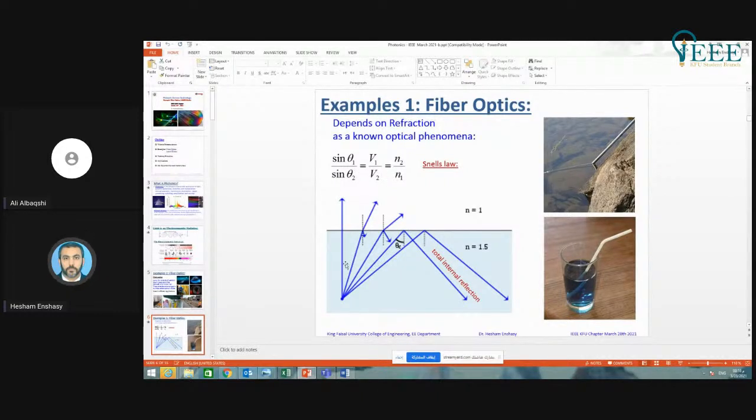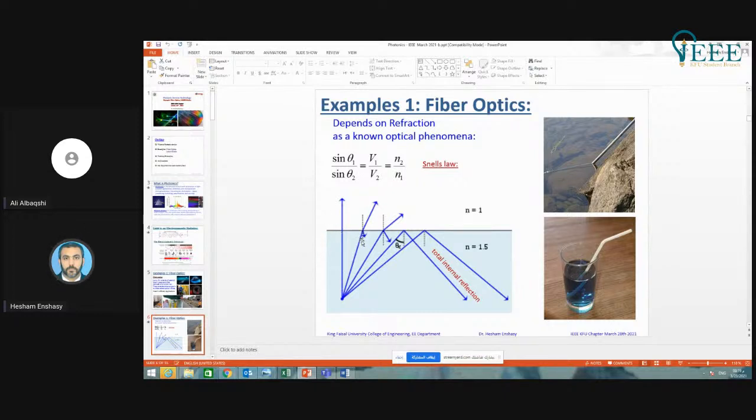Now, you will find that if the light goes vertical to the surface of the interface between the two media, then this light will not be refracted, because the angle of incidence at this point will be 0, so there is no refraction there.